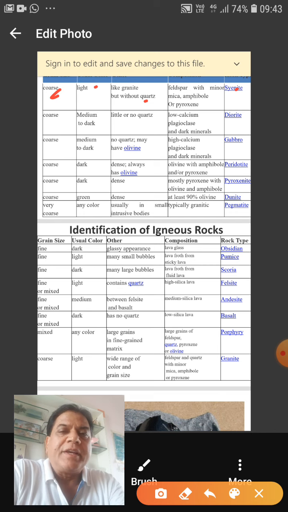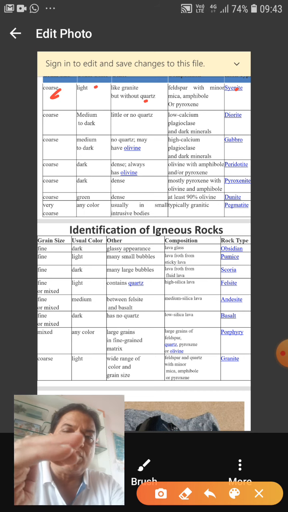Once you say the rock is coarse grained, you forget about the names of volcanic rocks. This is the rejection method, meaning you need not think of names of volcanic rocks. If it is coarse grained, naturally it is some plutonic rock.